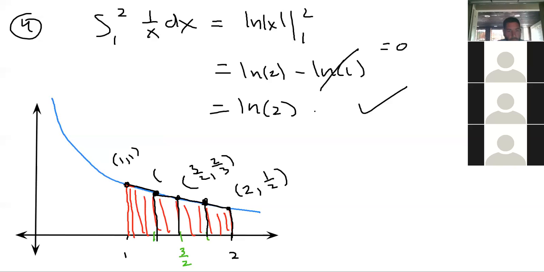If you think about how I constructed them, I am taking the point 1 and adding a quarter to it. So that's 1 plus 1/4. Specifically, this is 5/4, 6/4, and then 7/4.